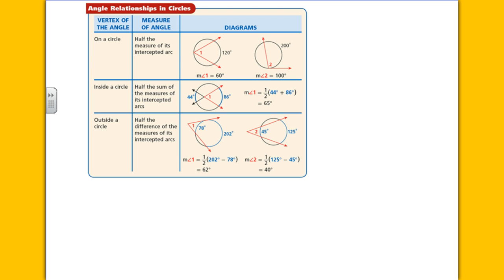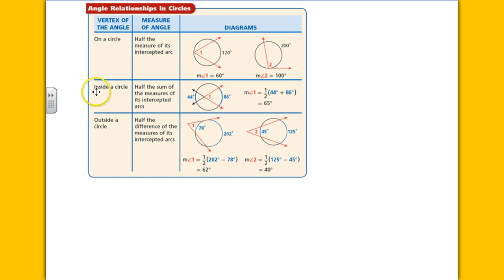And this is the final important facts that you need to know. Angle relationships in circles. So when we have a vertex on a circle, this is kind of just summing it up, isn't it? We know that that angle is half of the intercepted arc. This is an inscribed angle.